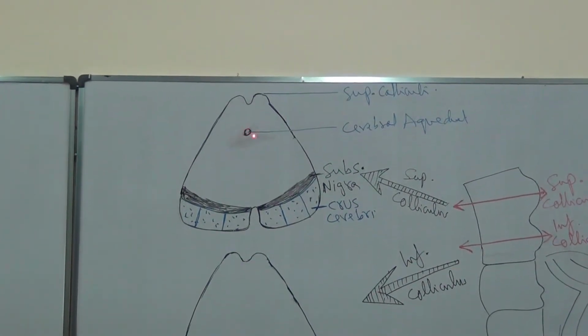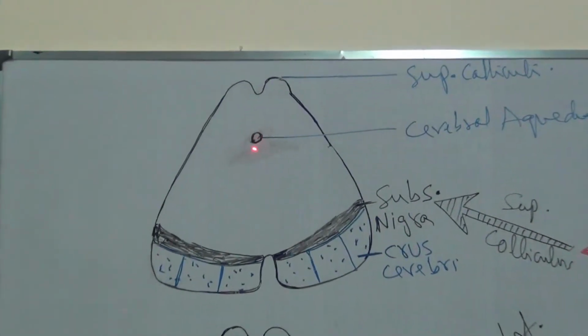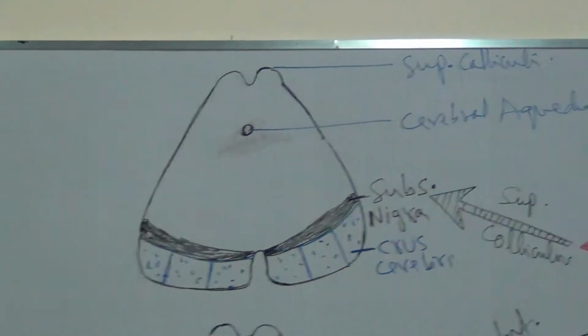Then in the middle of the tegmentum, it is crossed by the cerebral aqueduct.